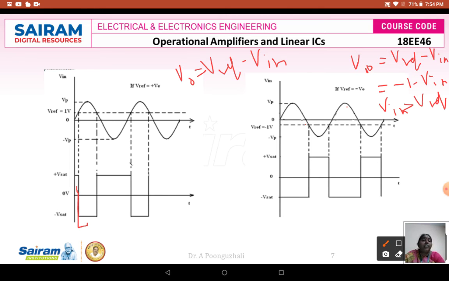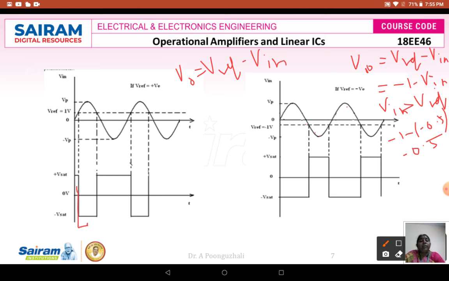Even minus 0.5 is greater, so I can take my V in to be minus 0.5. That means minus 1 minus of minus 0.5 is minus 0.5 only. So minus 0.5 means my output is at negative saturation.